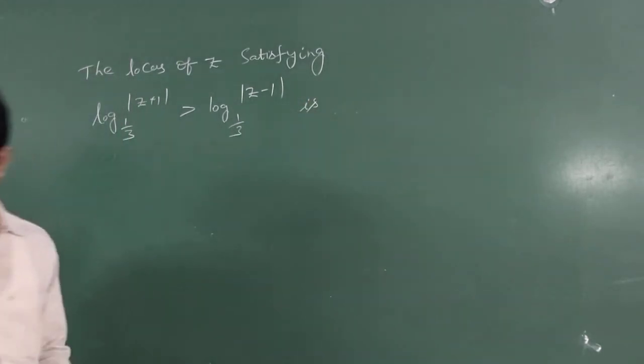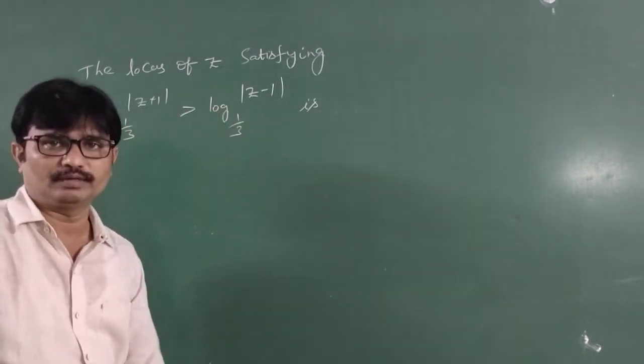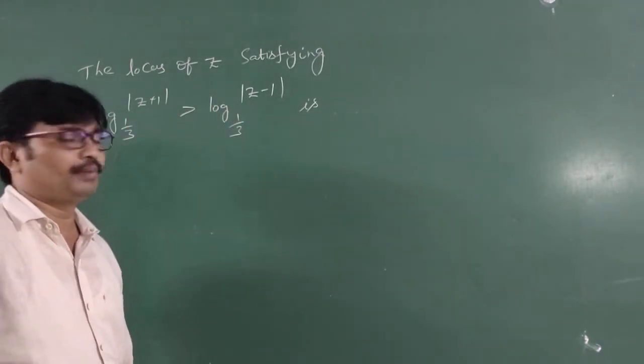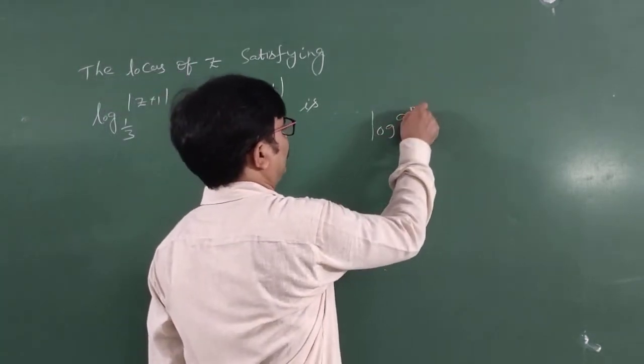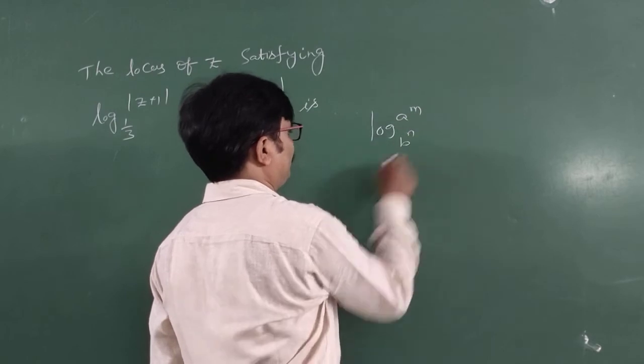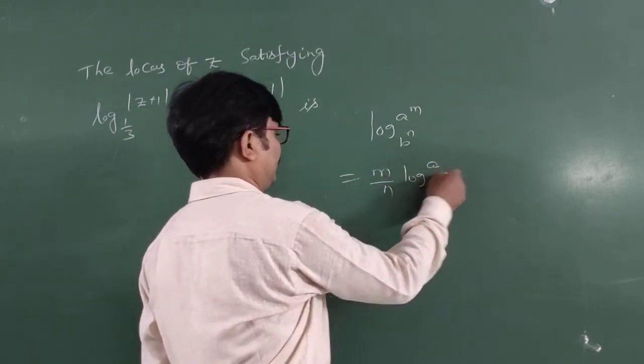Dear students, this can be written as 3 power minus 1. This is also 3 power minus 1. For log a power m, we have to know that log of a power m, b power n is, students, m by n log a base b.